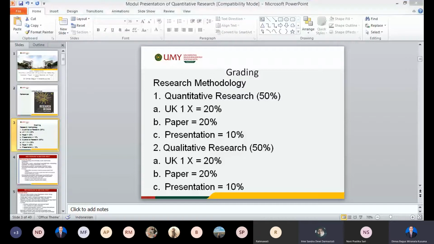I think this course is the same as our previous course in the previous semester, IPBB. It's the same, sir.